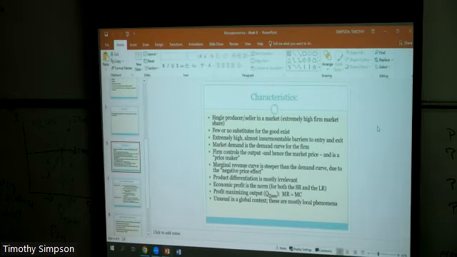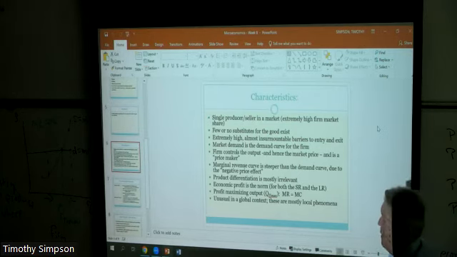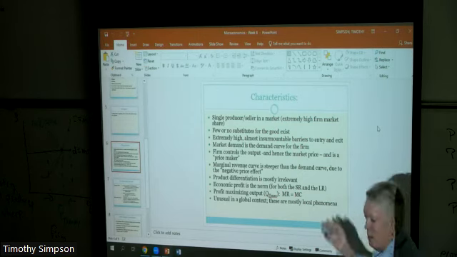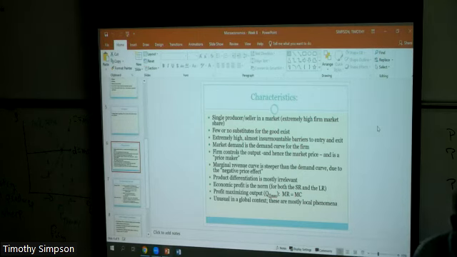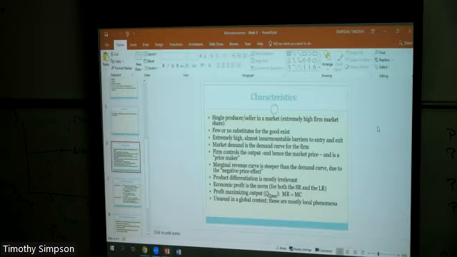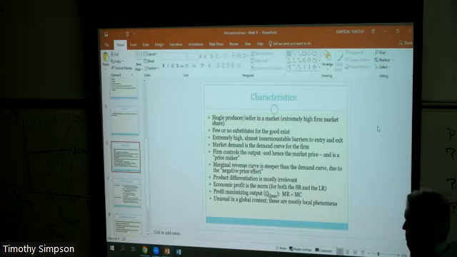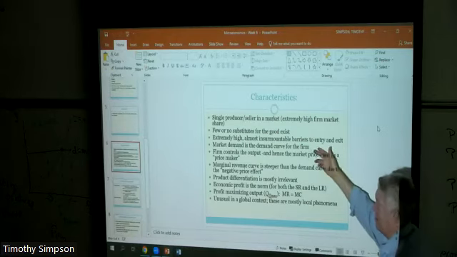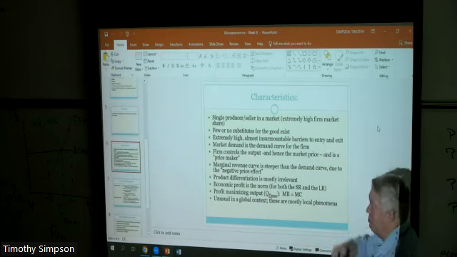Even with something like a natural monopoly, you probably do have competition from sellers of, I don't know, wood pellets, so people can use that to heat their homes or power generators. There's probably that, but it's not big enough, not important enough. So for the most part, the market demand curve is the demand curve for the firm. There is no split screen.